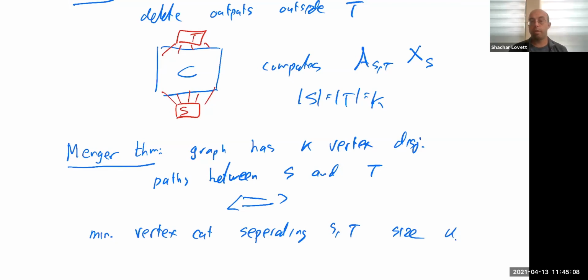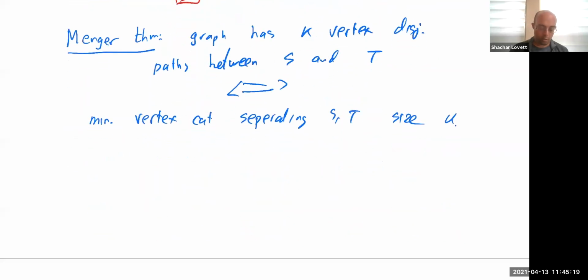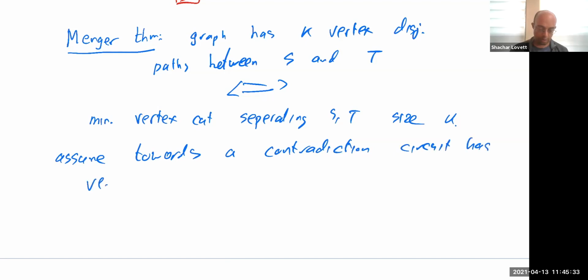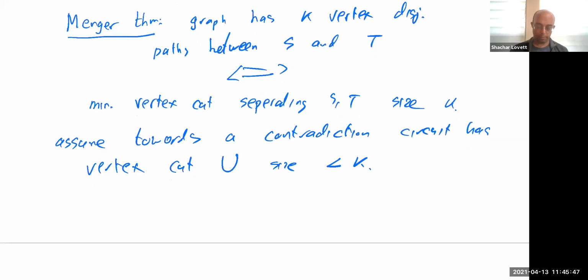And I want now to use this theorem. So basically, if I want to show that this graph has K vertex disjoint paths, I want to prove that there is no vertex cut of size less than K. So assume towards a contradiction that the circuit has a vertex cut, let's call it U, of size less than K. What does this mean?